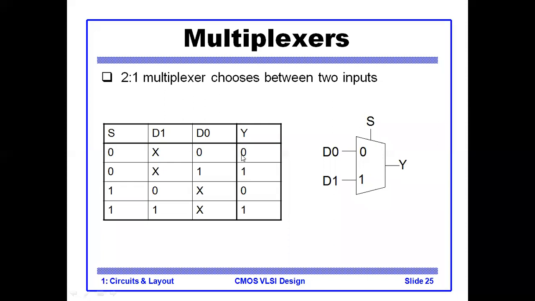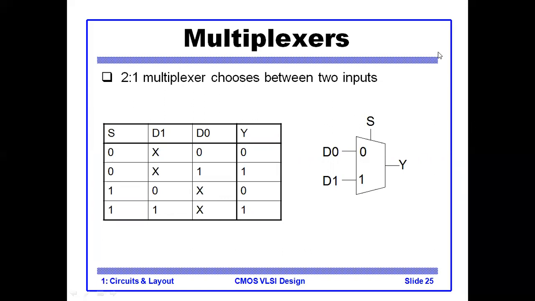D0 will appear at Y, and if the content of D0 is 0, the Y terminal shows 0, and if the content is 1, it will show 1. When I apply 1 on the select line, the D1 signal will appear at Y, whether it is 0 or 1. So this is just the simple logic of the 2:1 multiplexer.